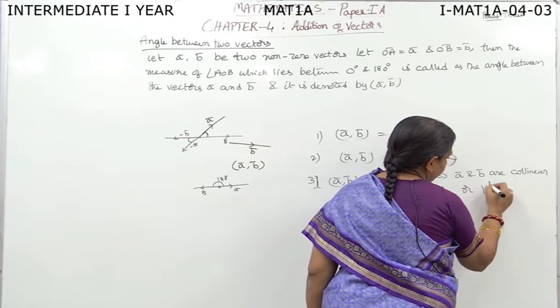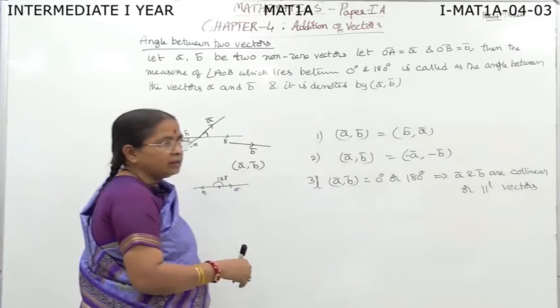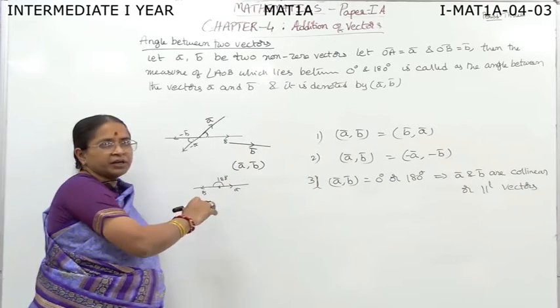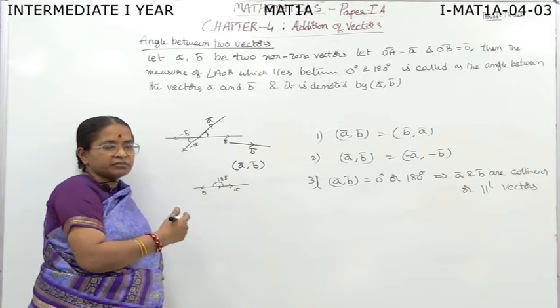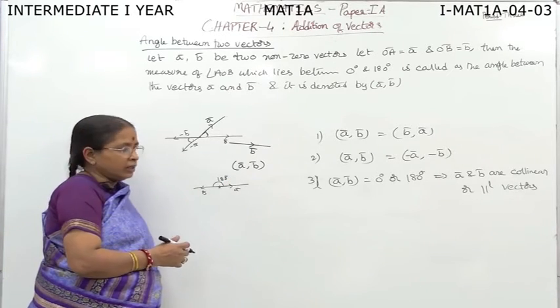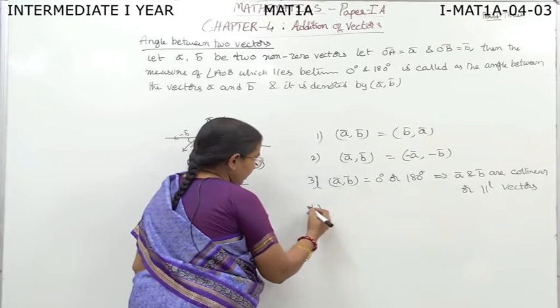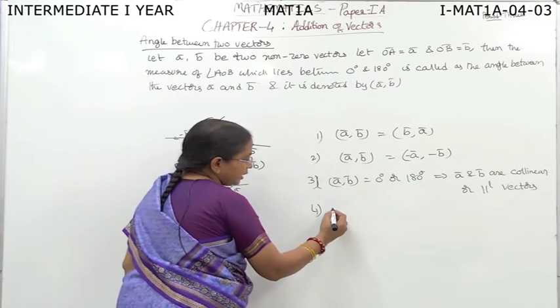If the angle is 0, they coincide. If it is 180, they will be in the opposite direction. So in any case, they will be collinear. When the angle is 0 or 180, they are parallel vectors.